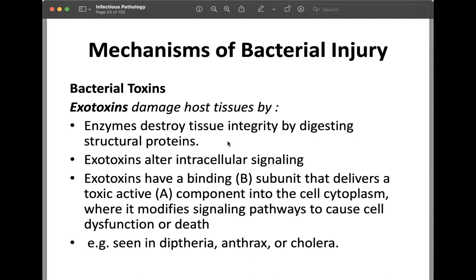So exotoxins are secretory toxins. They are secreted proteins. They are usually a component of gram-positive bacteria.